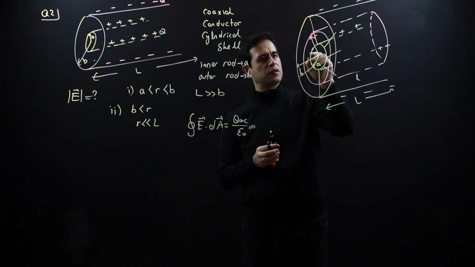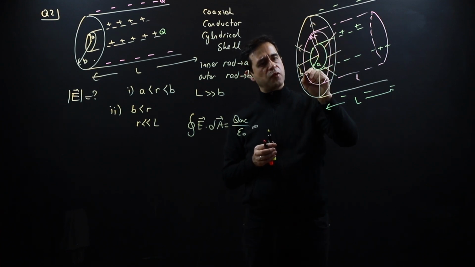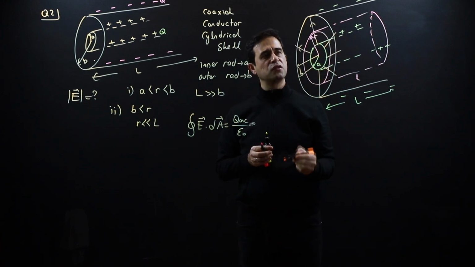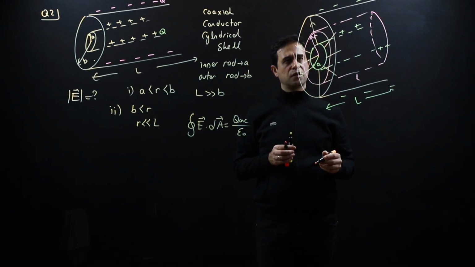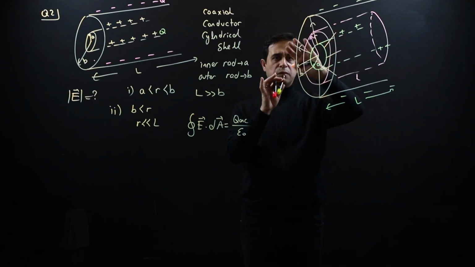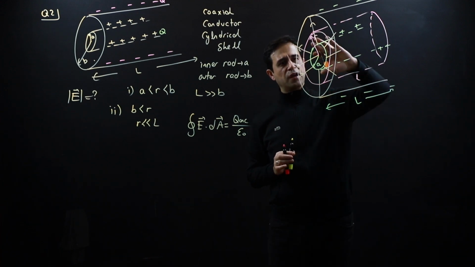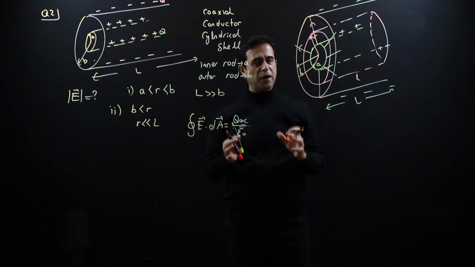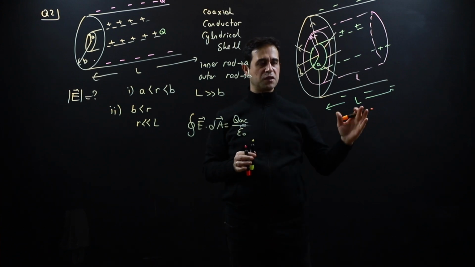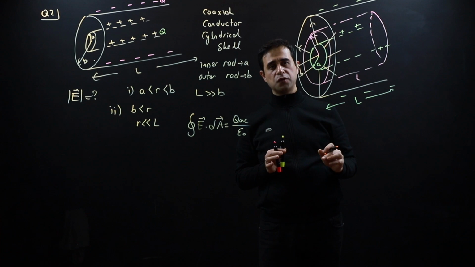And at any point along this pink Gaussian surface, both the area vector of the side part and the electric field are along the same direction. And for the top and the bottom of the cylinder, it's going to be tangential. So that's why this is a nice Gaussian surface.